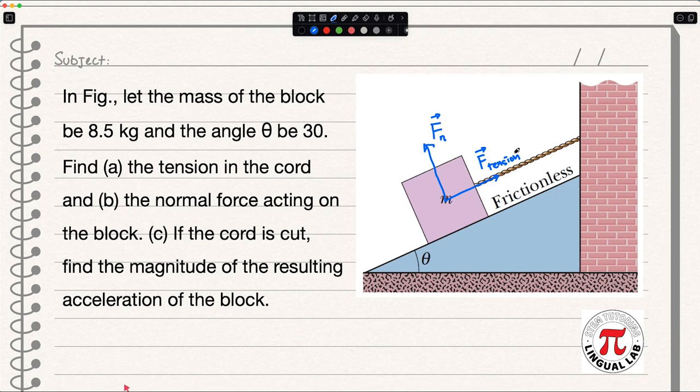And the third, the gravitational force, toward the center of the earth. That will be in the vertical direction. That will be the gravitational force.